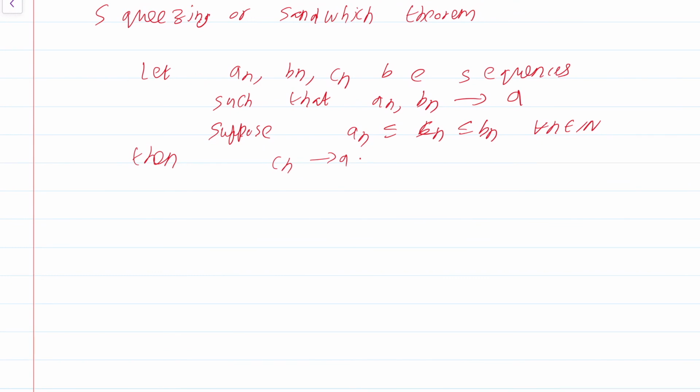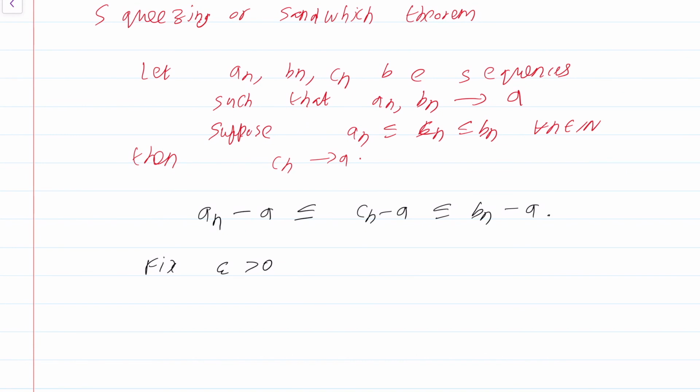Observe that An minus A is less than or equal to Cn minus A is less than or equal to Bn minus A. All I have done is take the inequality An less than or equal to Cn less than or equal to Bn and subtract A from all the sides. Now fix epsilon greater than 0.